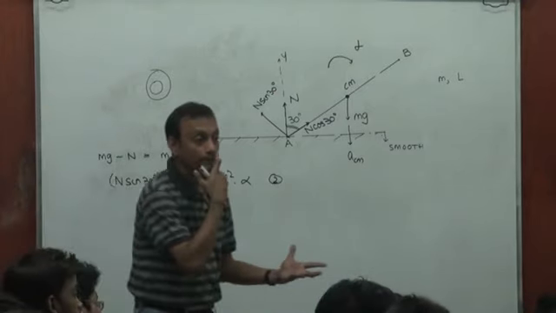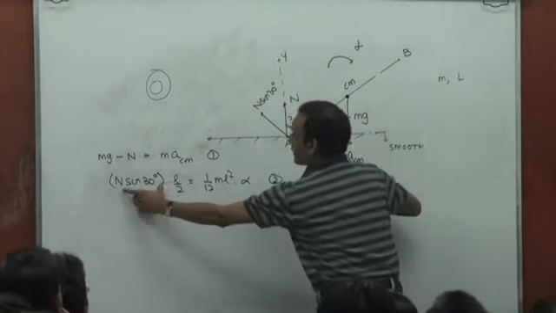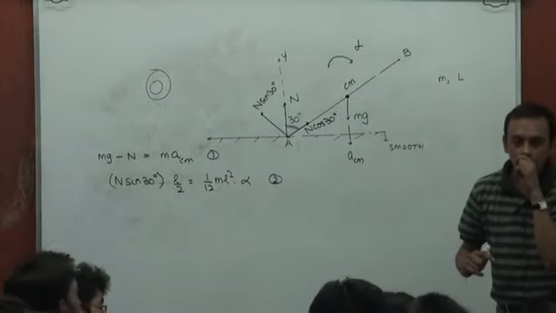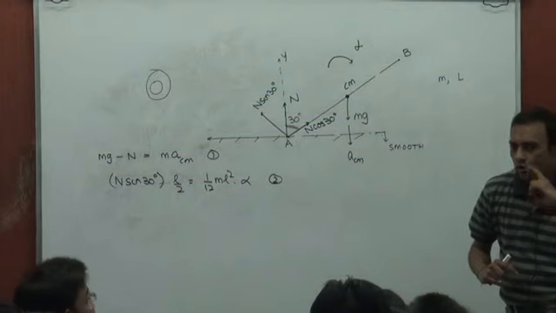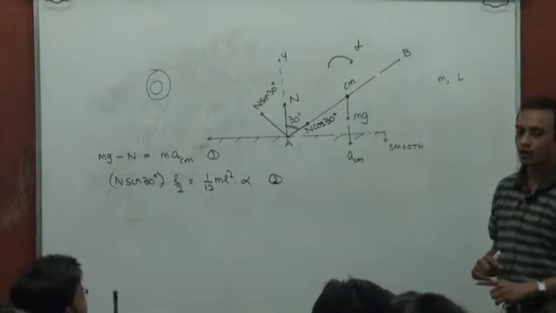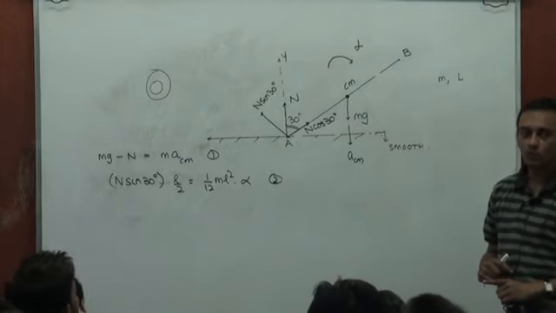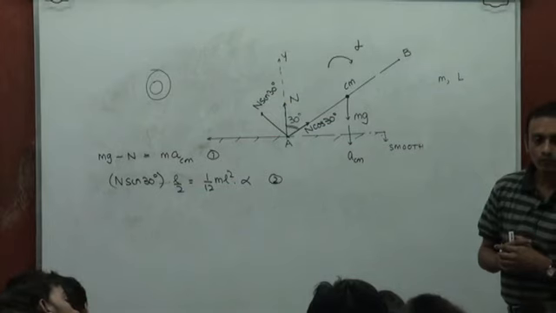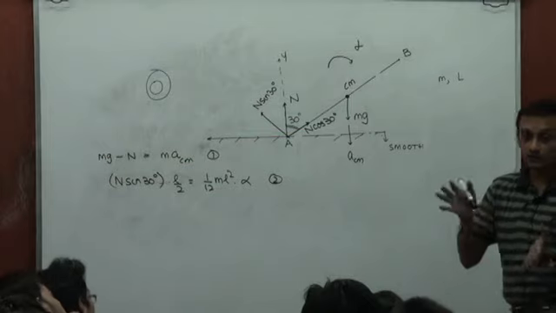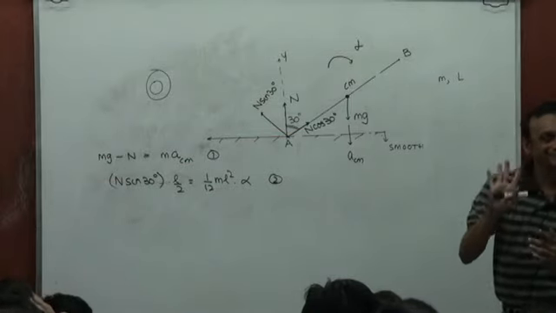Alpha is not 0. N is not 0. How can alpha be 0? If it was fixed about the center of mass, then A is L, distance times alpha.